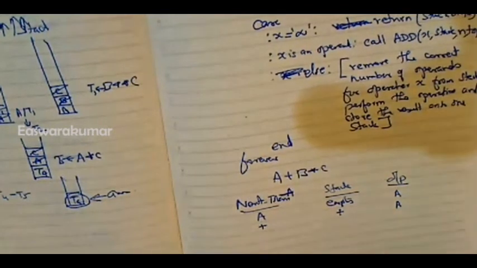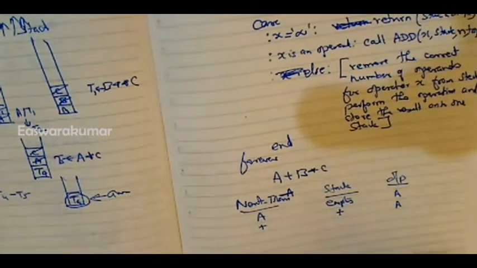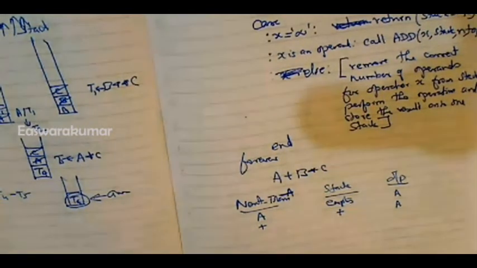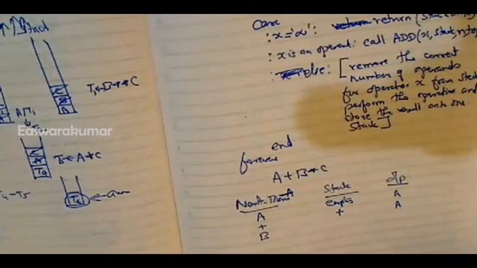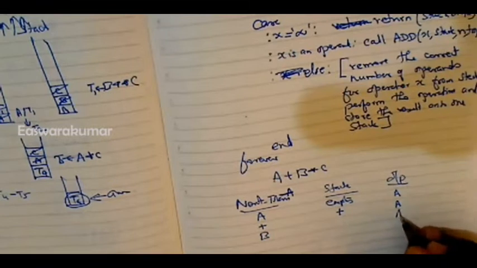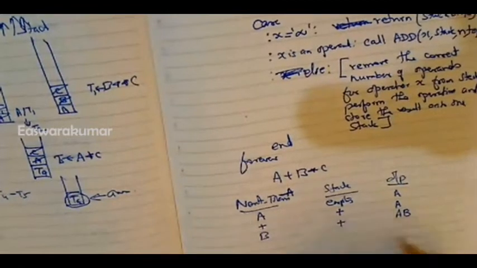Don't assume that every time we are outputting A again; the output retains whatever we got in the previous steps. The next one is B. B is an operand, and an operand can be written immediately, so now the output will be AB, while the stack still holds plus.